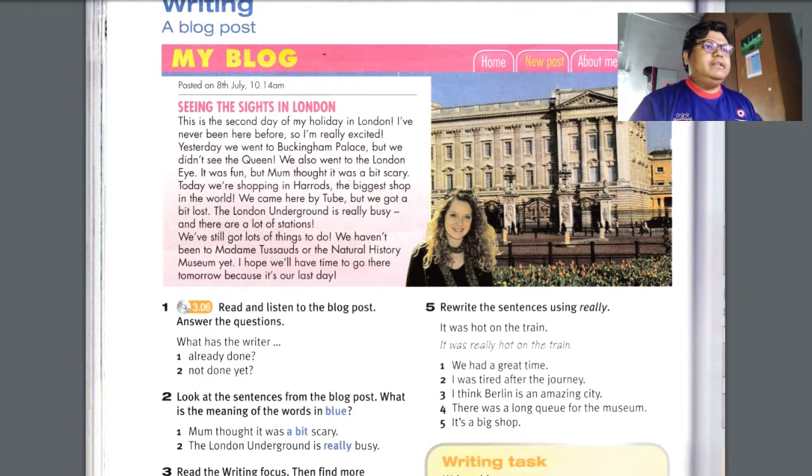We can say that the writer has not finished shopping in Harrods. Okay, the second one is, we came here by tube. That one we can also include in the things that the writer had done. The writer took a ride on the London Underground trains.